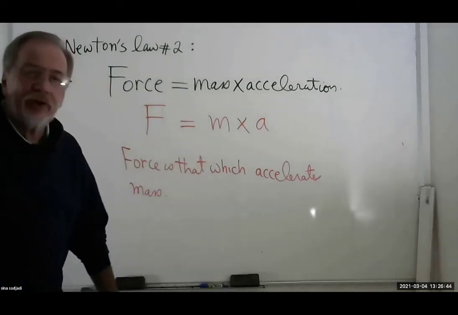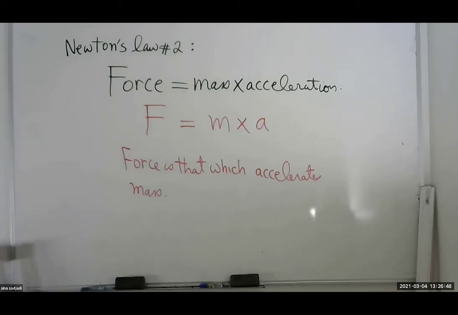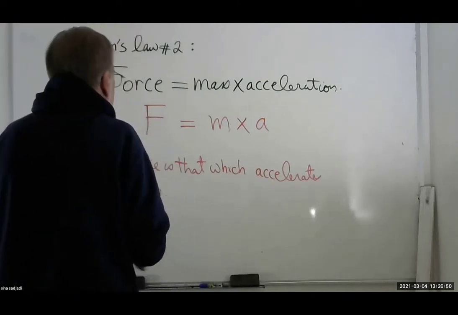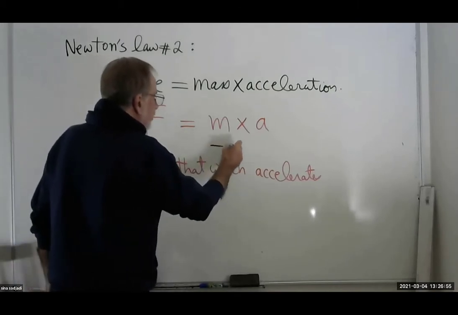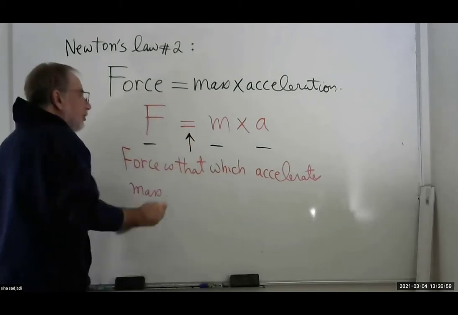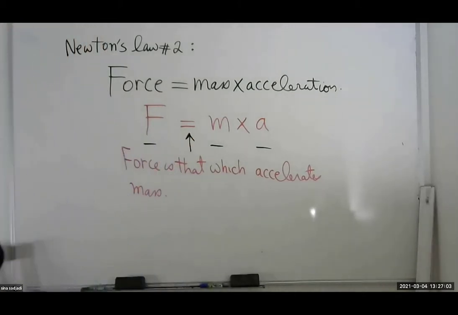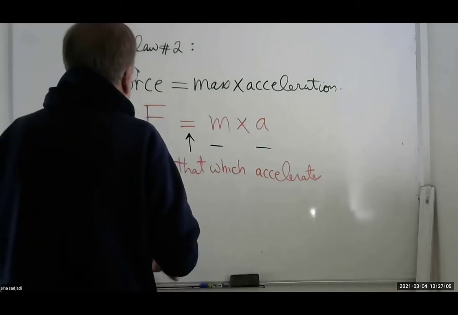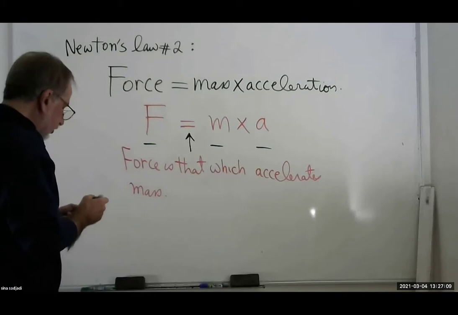Well, this is something called a direct relationship. See what that means, a direct relationship. We have force on this side, and we have mass and acceleration on this side. This is telling us that it's an equation. One side is equal to the other side, the same as the other side.